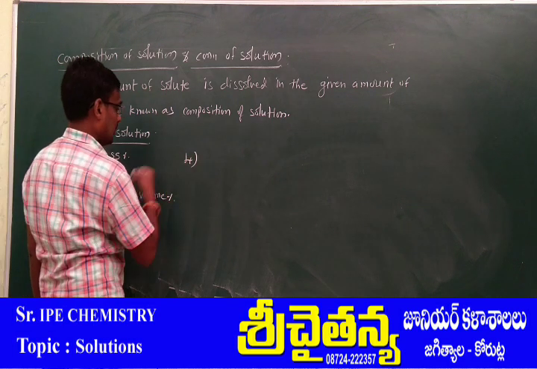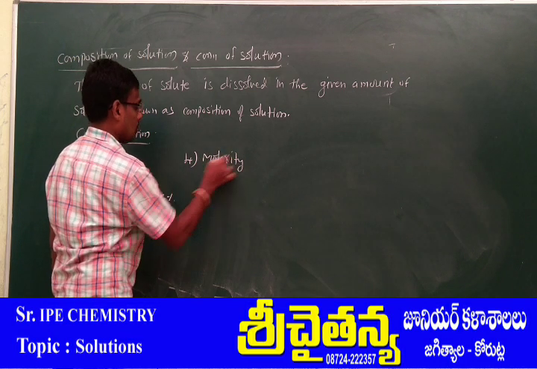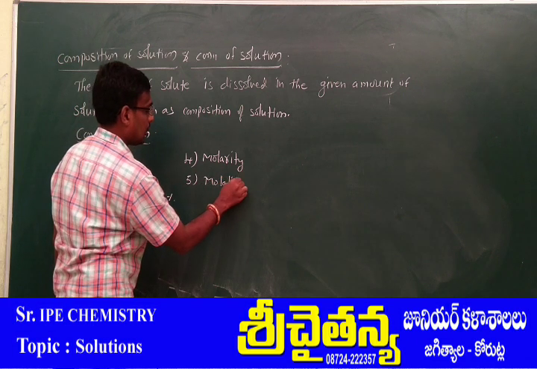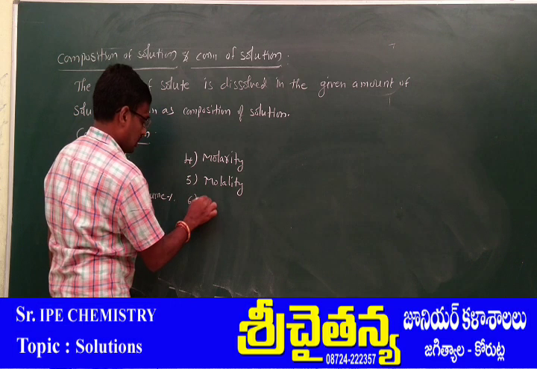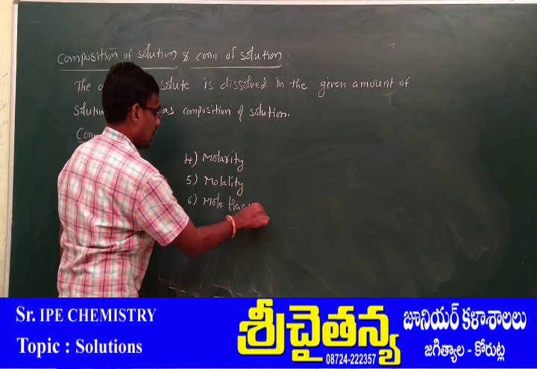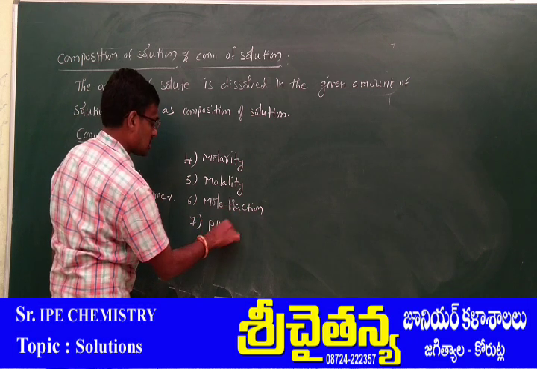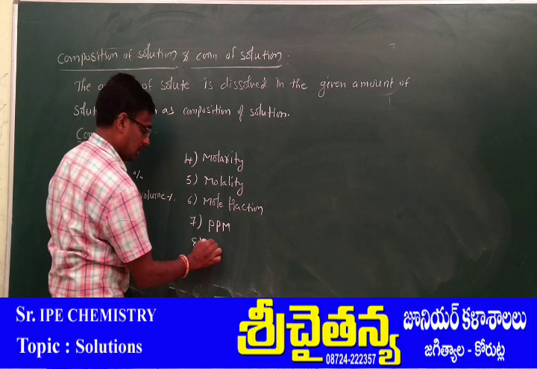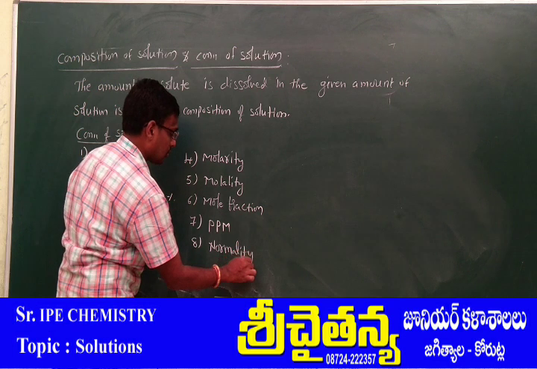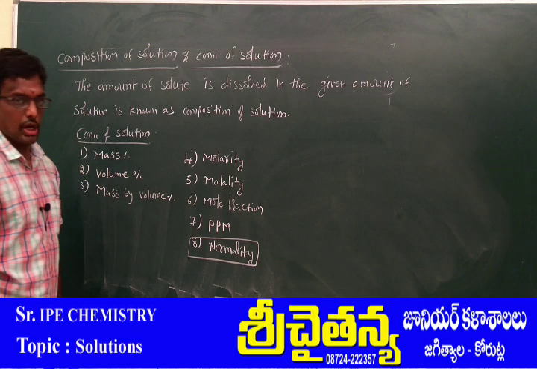Fourth is molarity. Fifth is molality. Sixth is mole fraction. One more is ppm, parts per million. Finally, we have normality. Already we discussed normality in our first year chemistry stoichiometry.